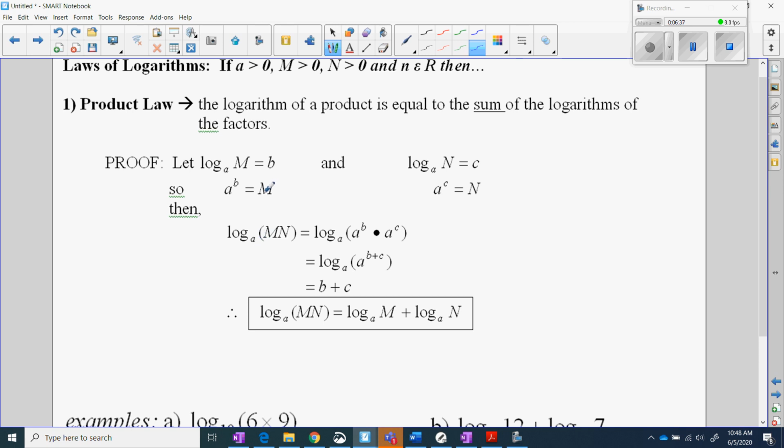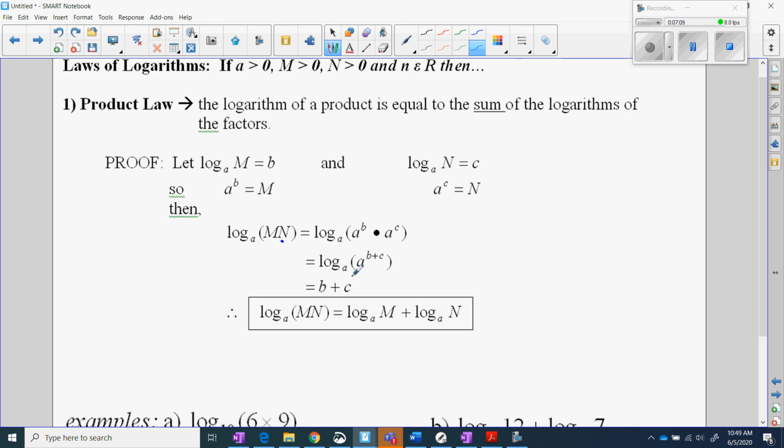Then they go up here and say, well, m is equal to a to the b. So they replace m with a to the exponent b. Instead of n, n is equal to a to the exponent c. So they replace the variable n with what it's equal to, a to the c. The reason they're doing this is they're going to establish that property that I explained on the last slide. Laws of exponents say I can add these exponents, because the bases are the same. So instead of having this, we can write it as a to the b plus c.